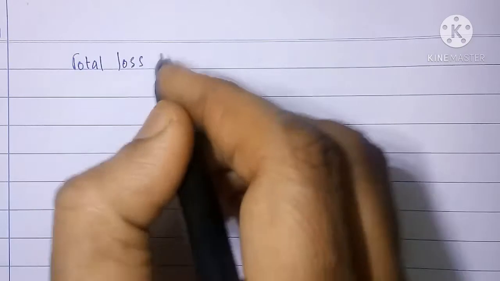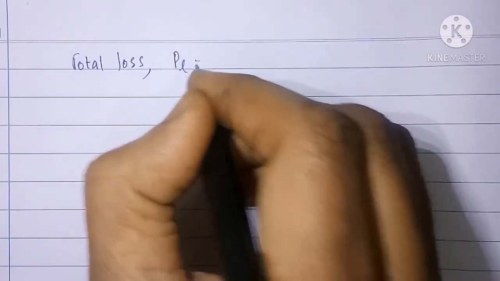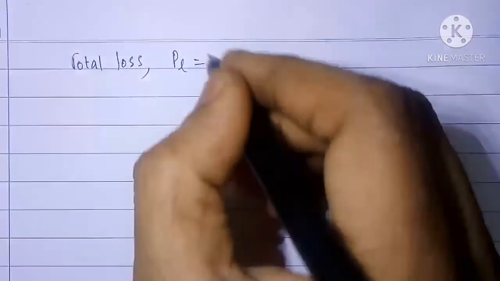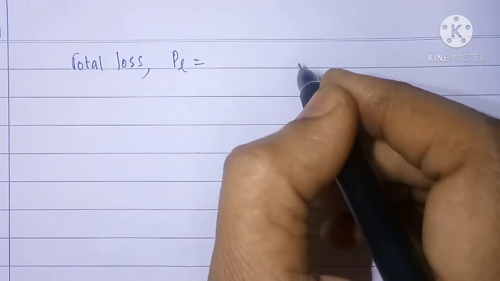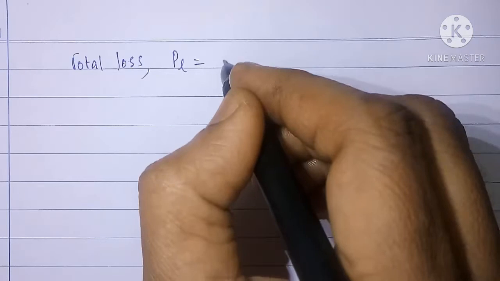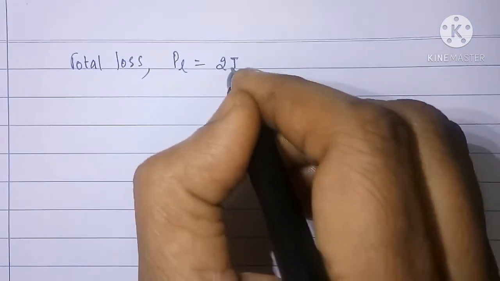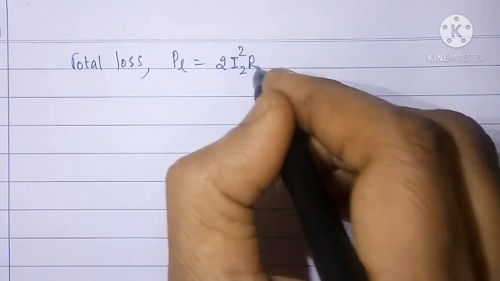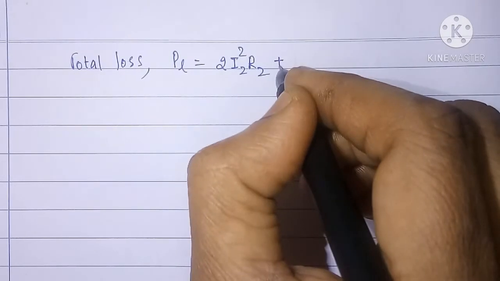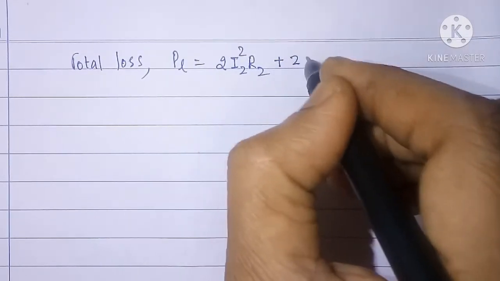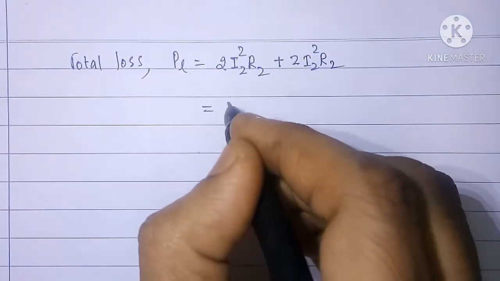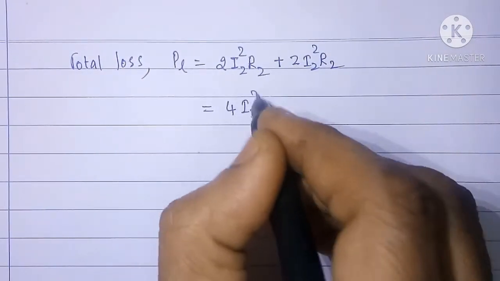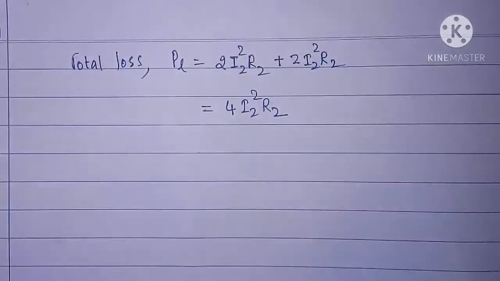Total loss PL is equal to loss in two outer conductors plus return circuit, that is 2 times I2 square R2 plus 2 times I2 square R2, that becomes equal to 4 times I2 square R2.